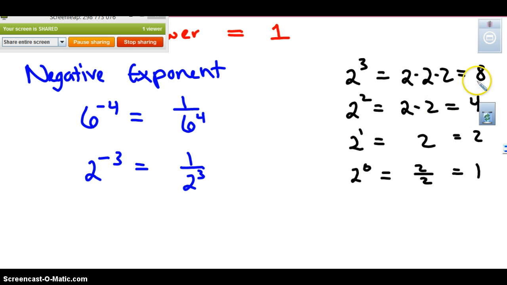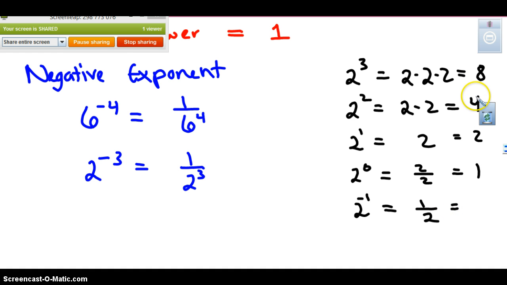So for this pattern to continue, don't we have to divide 1 by 2? Because look, 2 divided by 2 is 1. 8 divided by 2 is 4. 4 divided by 2 is 2.